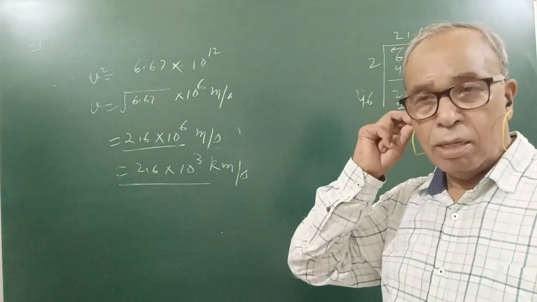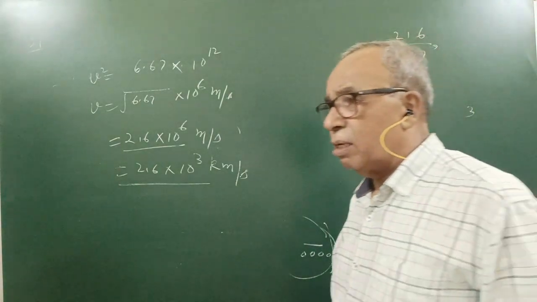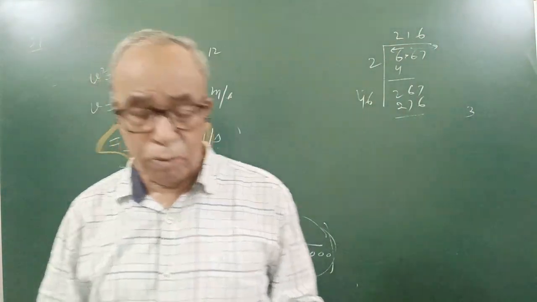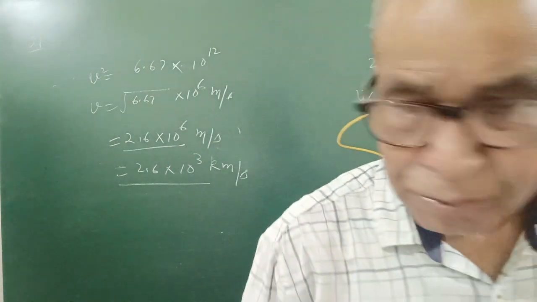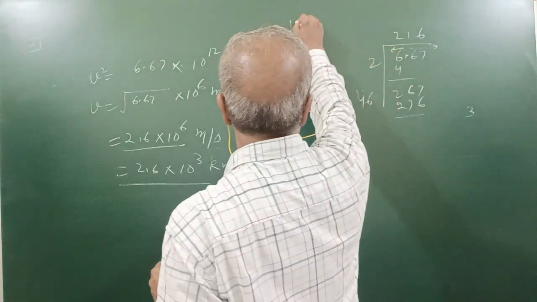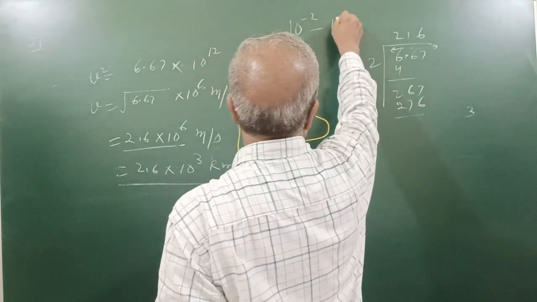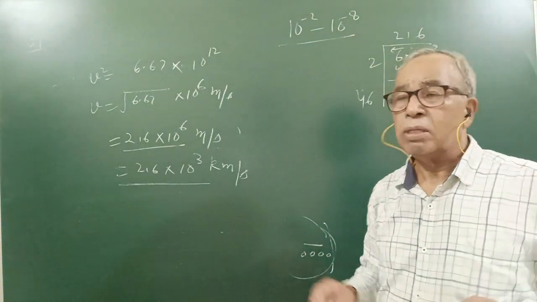So I explained this question to you so that you understand the technique of doing the problem. Though I have noticed nowadays the arithmetic ability of students is very poor. It is very bad. Just now I was teaching in class and students were not able to subtract this. They were looking horribly at this question.